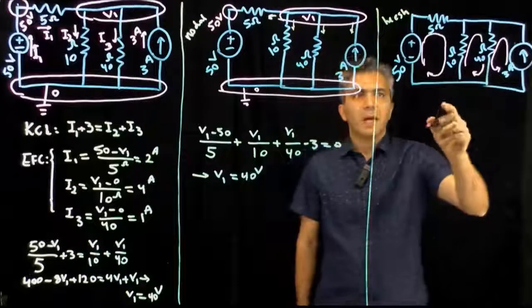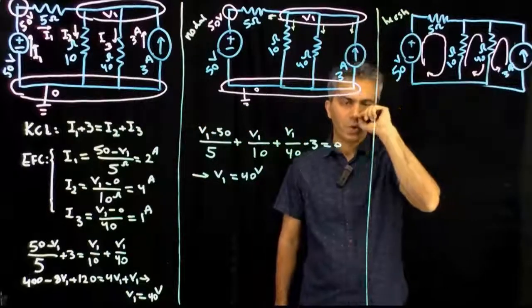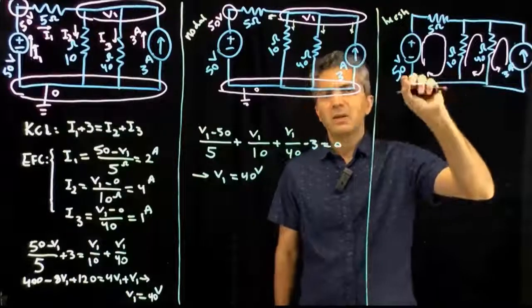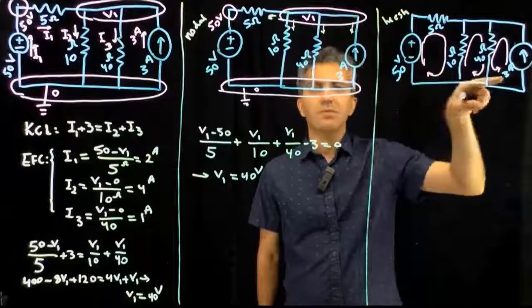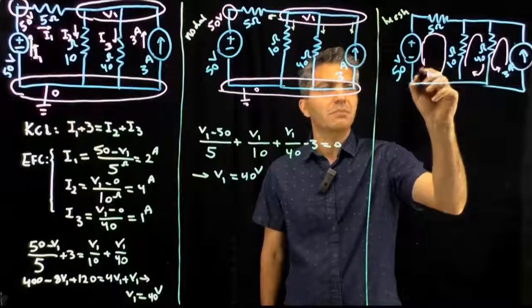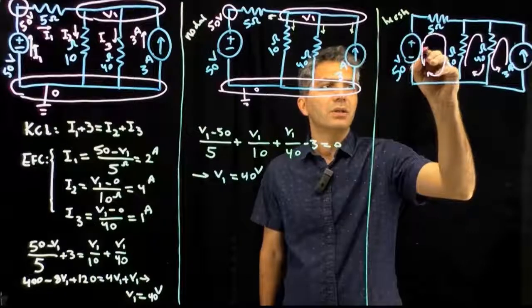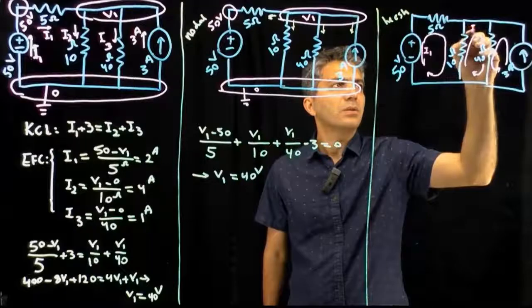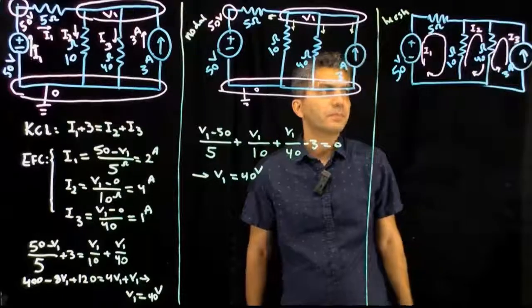Now, as opposed to what we saw before, we're not going to identify any nodes. Instead, we only focus on these few meshes that we defined, three meshes to be specific, and define currents for these meshes or loops. So I'm going to call this one I1, this one I2, and finally this one I3.